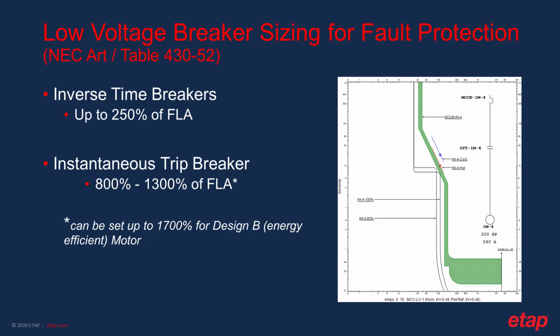The instantaneous trip breaker can have up to 800 to 1300% of the FLA, but it can go up to 1700% depending on the design of the motor. But once you have the proof of the study that this motor cannot be started, naturally this percentage could be overloaded, and you can show that you need a higher instantaneous setting to protect your motor.